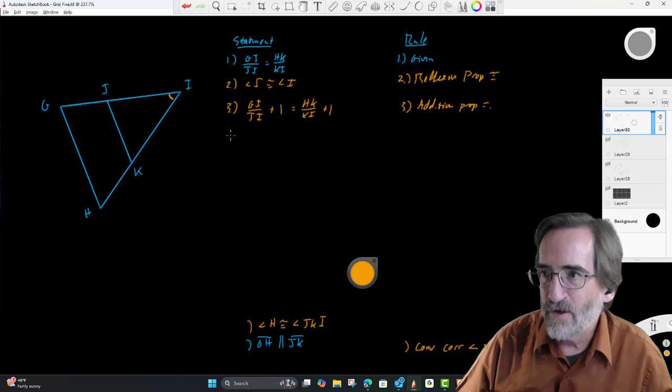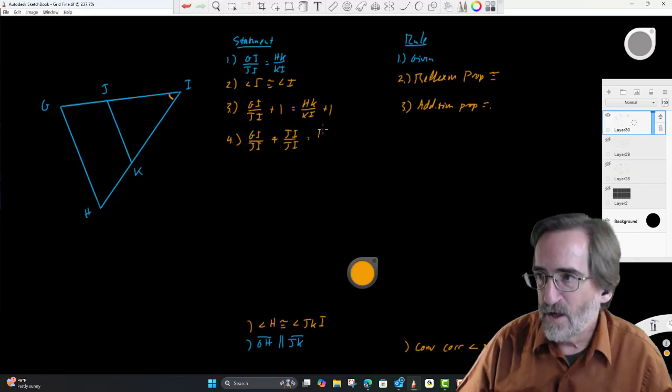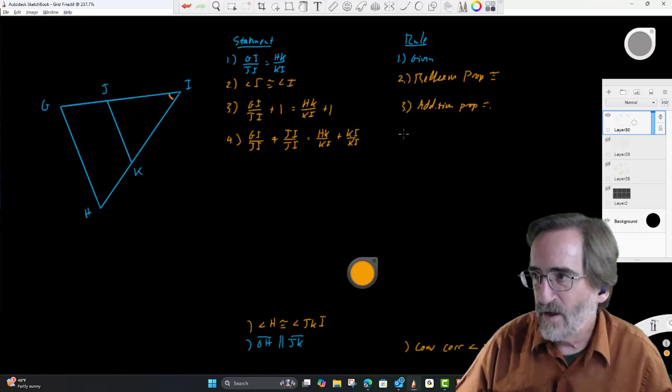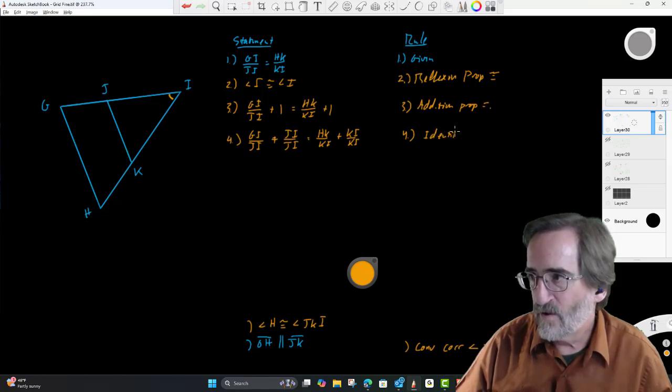And now get a common denominator: GJ over JI plus JI over JI equals HK over KI plus KI over KI. Anything over itself is 1. And 4, that is the identity property. Anything divided by itself is 1.